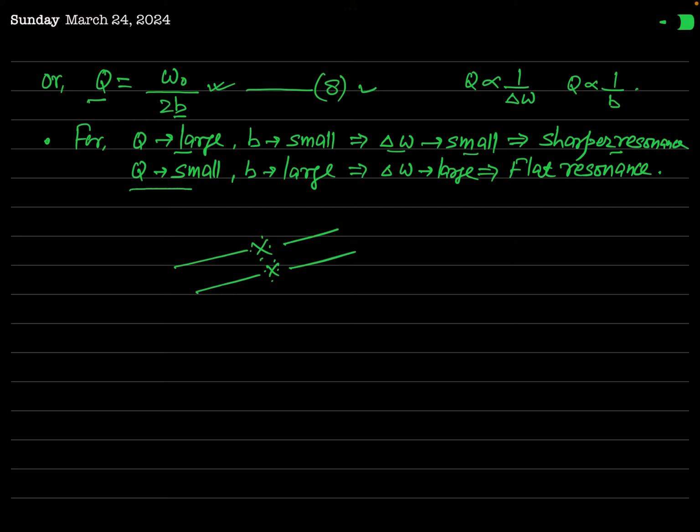And when the quality factor is small and b is large, delta omega will be large, and if delta omega is large, we have flat resonance. So if the quality factor is poor, resonance is flat. In a nutshell, for a high quality factor we have sharper resonance, but for a poor quality factor we have flat resonance.